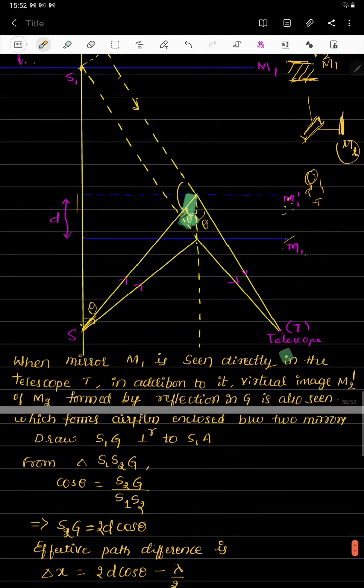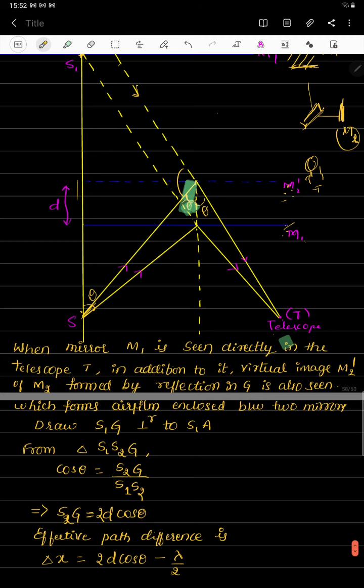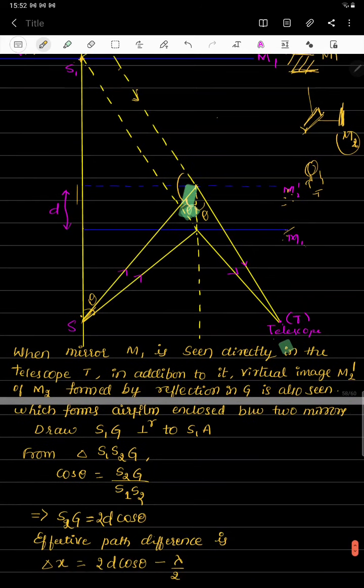So S2G is equal to S1 S2 into cos theta. S1 S2 is 2D, the distance between the two coherent sources, into cos theta. So now the path difference between the two reflected rays, S2G, becomes equal to 2D cos theta.